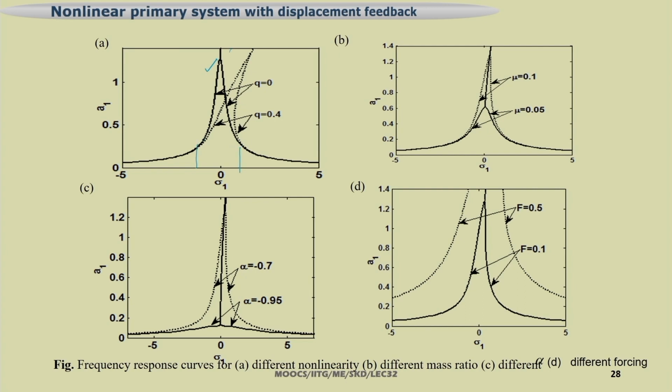Previously we had a smaller range of frequency for which the response amplitude was very high, but when the system becomes nonlinear, we have a larger frequency range for which the system response amplitude is very high.